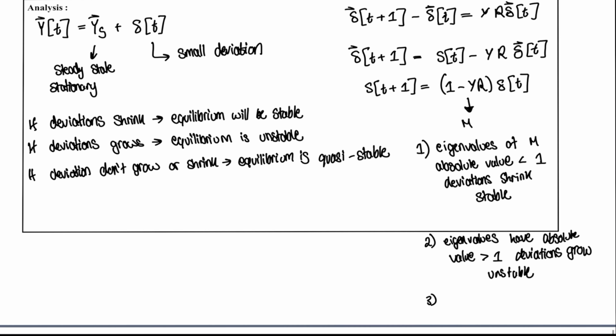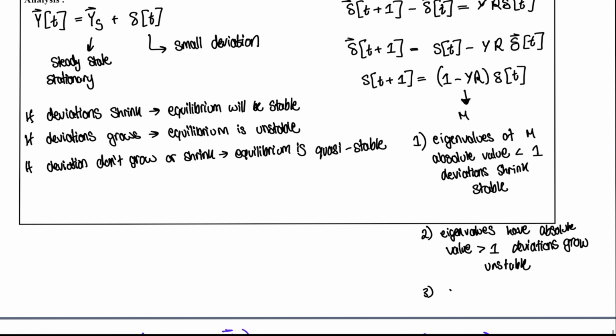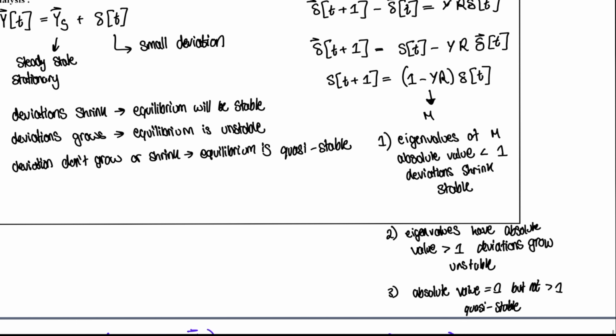And lastly, if the absolute value of the eigenvalues is equal to 1 but not greater than 1, it is quasi-stable. Some important notes that we have to make: for the first one, all eigenvalues need to be less than 1.